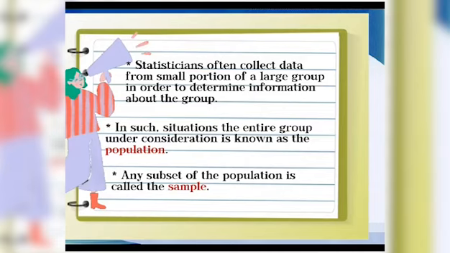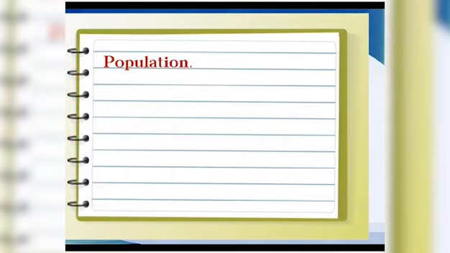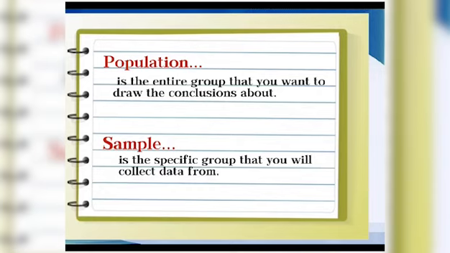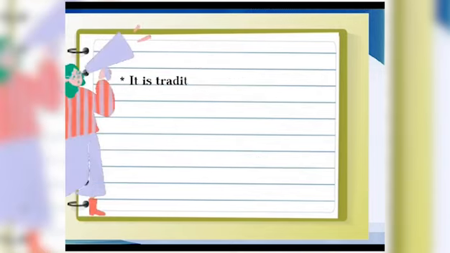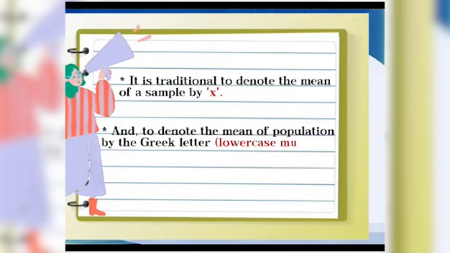To make it more understandable, population is the entire group that you want to draw conclusions about, while the sample is the specific group that you will collect data from. It is traditional to denote the mean of a sample by x bar and to denote the mean of a population by the Greek letter lowercase mu.